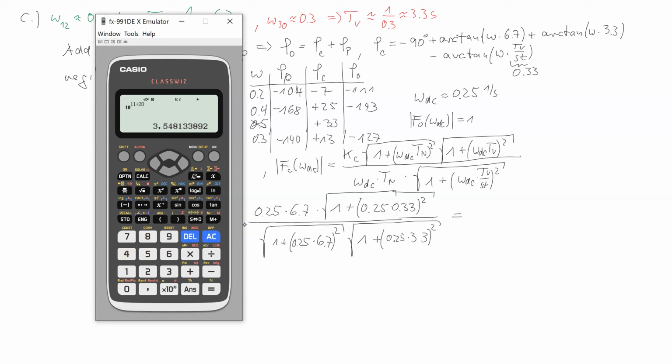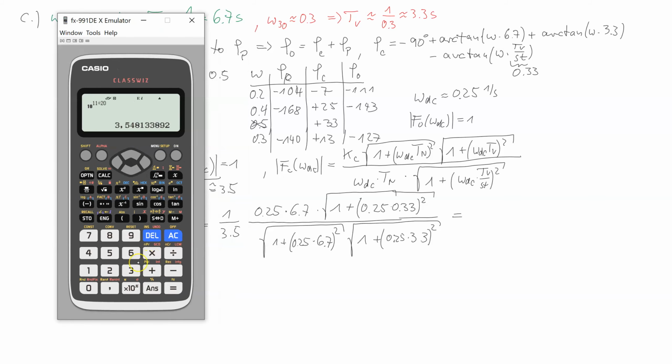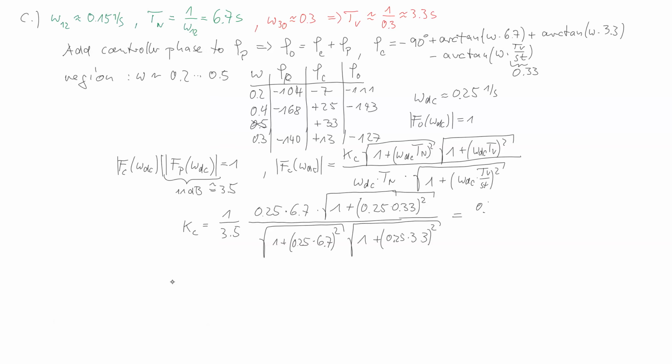Let's start here with the top region: 0.25 divided by 3.5, multiplied with 6.7. This is 0.478.